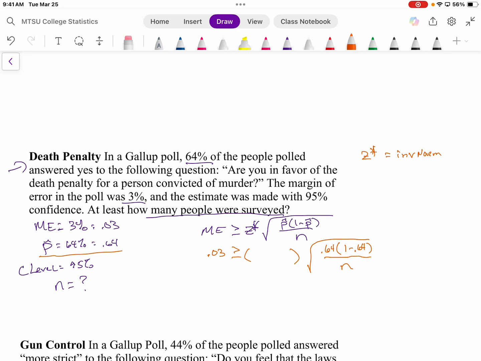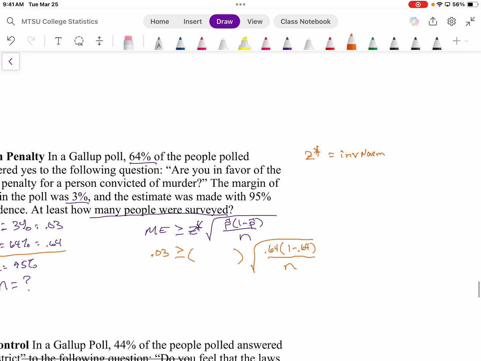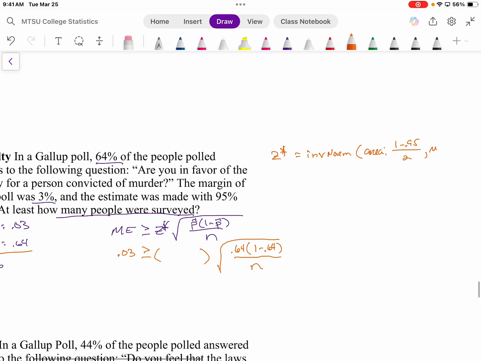Now before we get started, we need to figure out our Z star. So we need to go up and do our inverse norm. Area would be 1 minus 0.95 divided by 2. Our mean is 0. Our standard deviation is 1. And so my area is going to end up being 0.025.